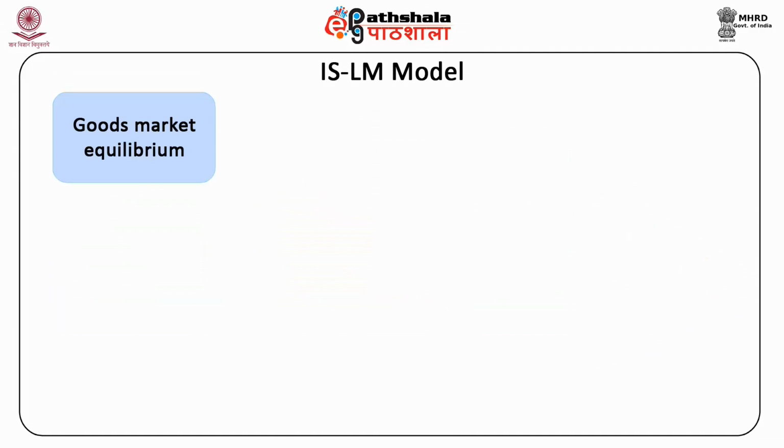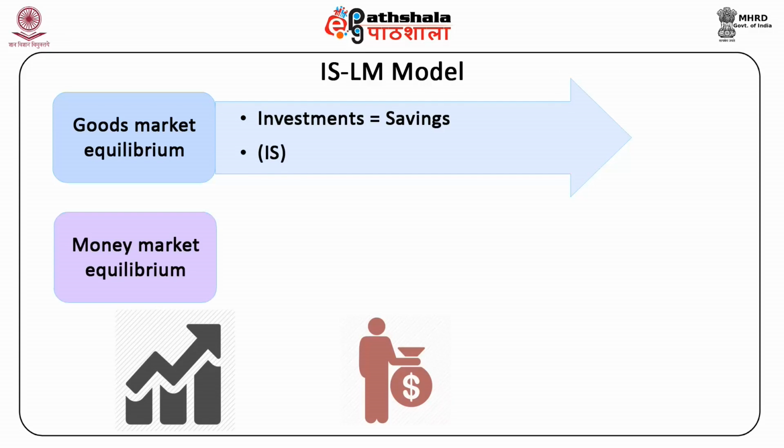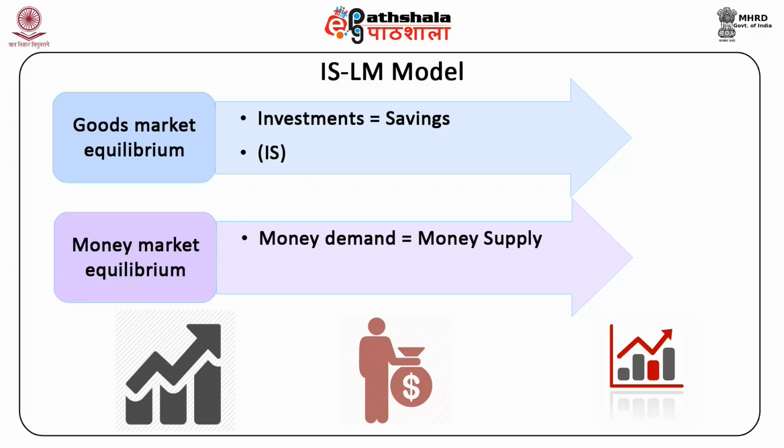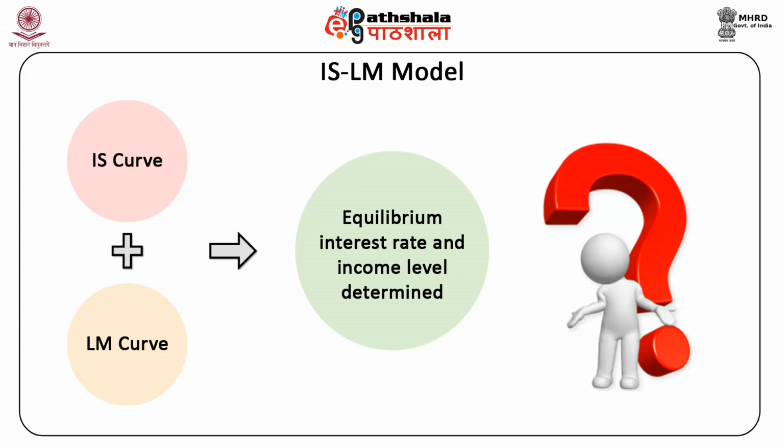The goods market is at equilibrium when investment equals savings, hence IS, and the money market is at equilibrium when the demand for money, that is liquidity, equals the money supply, hence LM.